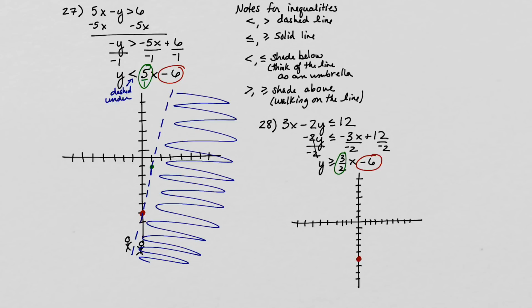This part here is saying that we want to go up 1, 2, 3 and over 2. So we go up 1, 2, 3, over 2. And this part here is telling me I want a solid line. And since it's a greater than or equal to, I want to shade above.